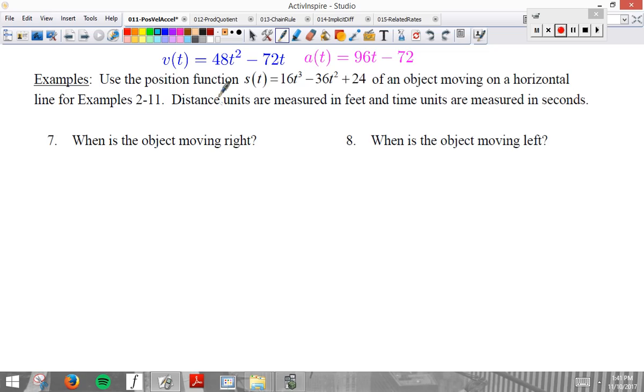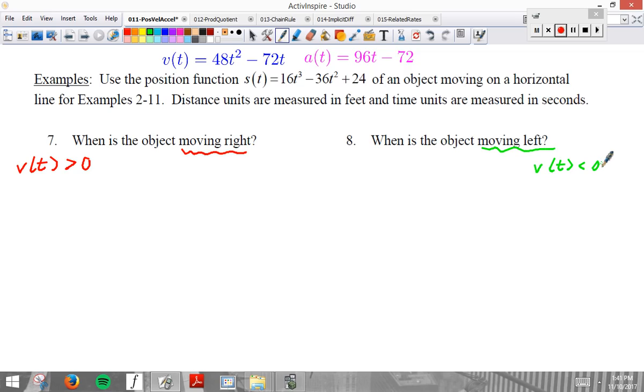So object moving right, and if you watch the introduction video, we covered this in there. Moving right will be the idea that the velocity of the object is greater than 0. Whereas moving left will be the idea that the velocity of the object is less than 0.